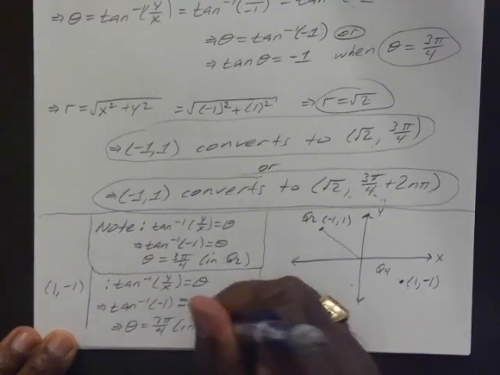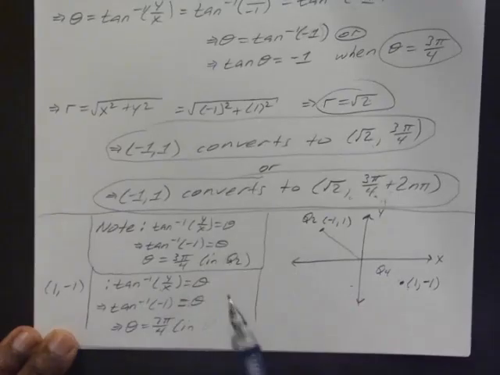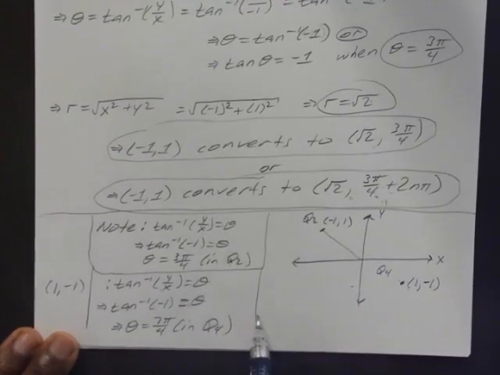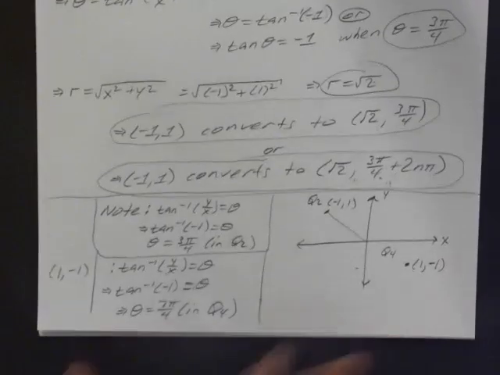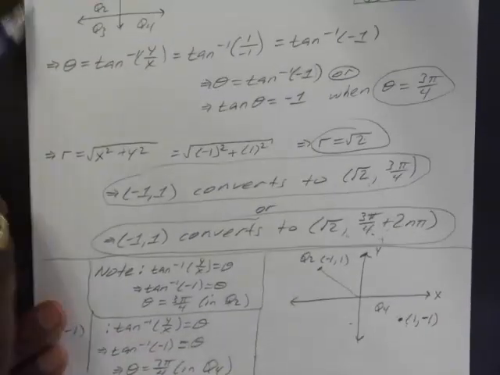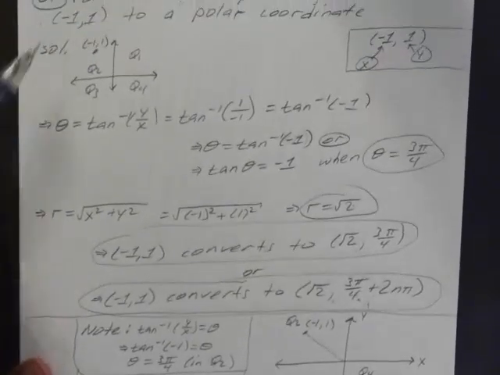So there are two possible answers for tangent inverse of -1. That's why they had to say the coordinates, even though they gave you the point -1, 1 up here.